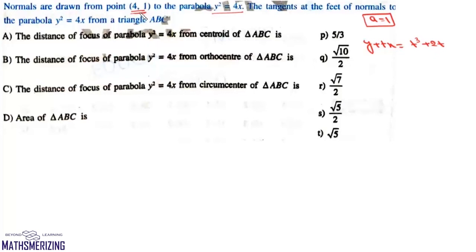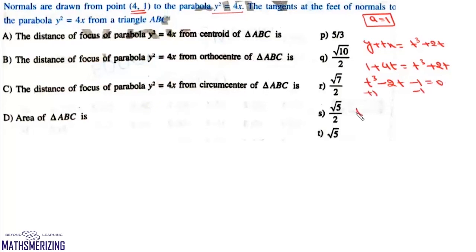We need normals passing through (4, 1). So we'll put x as 4 and y as 1. It'll be 1 plus 4t equals t cube plus 2t. So it'll be t cube minus 2t minus 1 equals 0. Now we can add 1 and subtract 1.